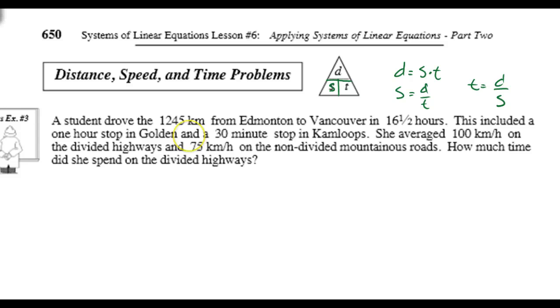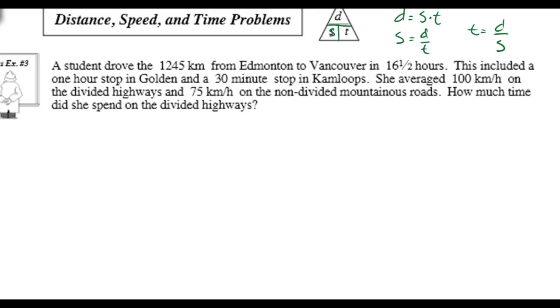A student drove the 1,245 kilometers from Edmonton to Vancouver in 16 and a half hours. I like to make diagrams whenever I do distance-speed-time problems. So I'll put Edmonton over here and Vancouver over here.